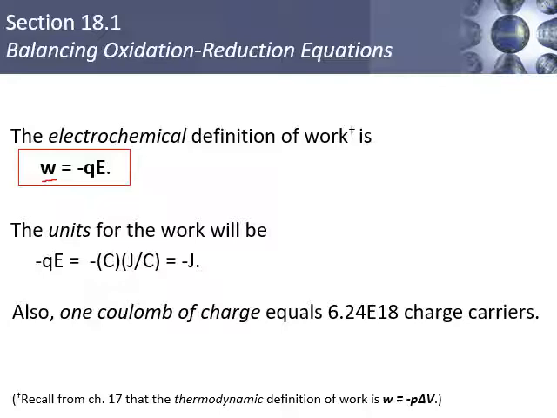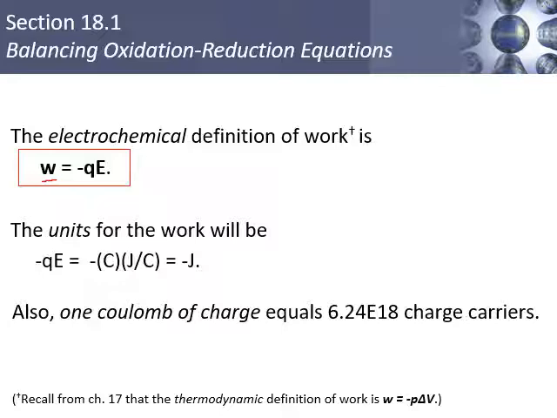And we decided that work could be written as minus P delta V. We had to put in the negative sign because of the sign convention, because the work would be negative work because it's being done by the system, whereas the delta V would be positive. So they're always going to be opposite in sign, so just stick in a negative sign.